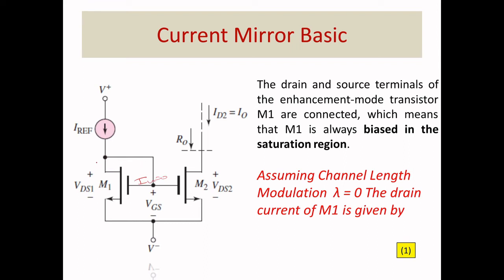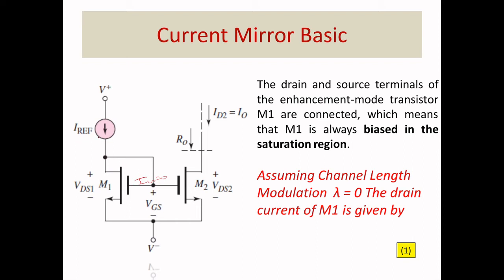So gate and drain are shorted. If gate and drain are shorted, we say it is a diode connected load, and we know that it is acting as a constant current source. We explained the reason also. Here you can see this M1 transistor will always be in the saturation region because the drain and gate are shorted.